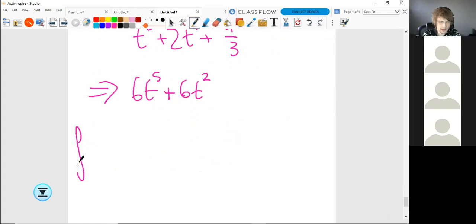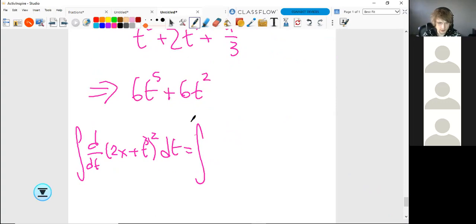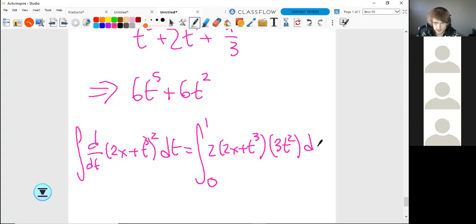Okay, so now let's take the derivative first. The derivative with respect to t of the integral of (2x plus t cubed) squared dx is equal to the integral from 0 to 1 of 2 times (2x plus t cubed), times, according to the chain rule, 3t squared, dx.